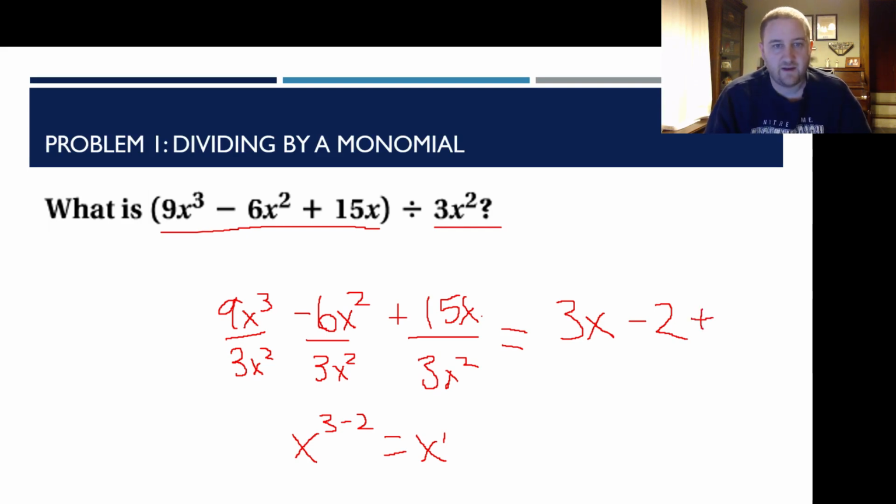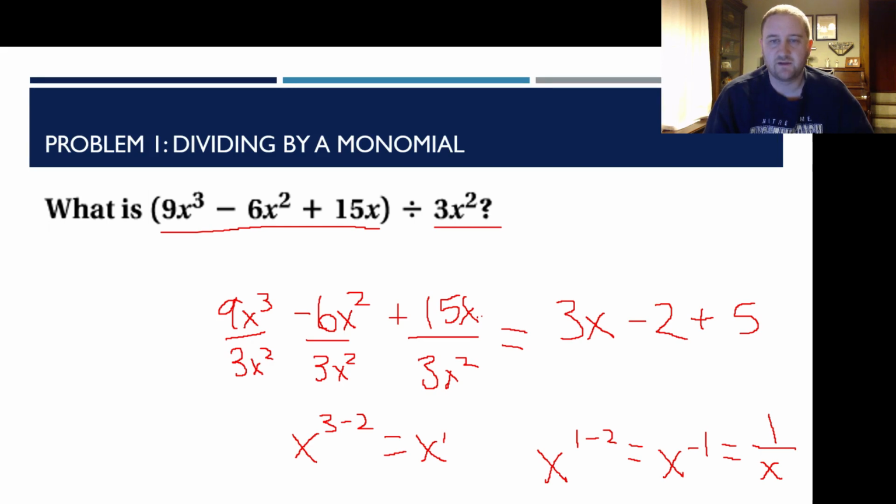Okay, and then here we've got 15 divided by 3, which is 5, and then x divided by x squared. Remember, this is x to the first divided by x squared, so it's going to be x to the 1 minus 2, which is x to the negative 1. Remember, x to the negative 1 we need to rewrite as 1 over x to the positive 1.